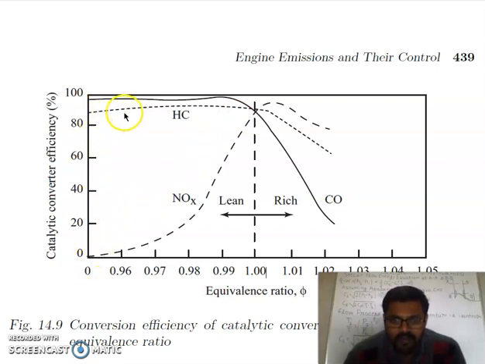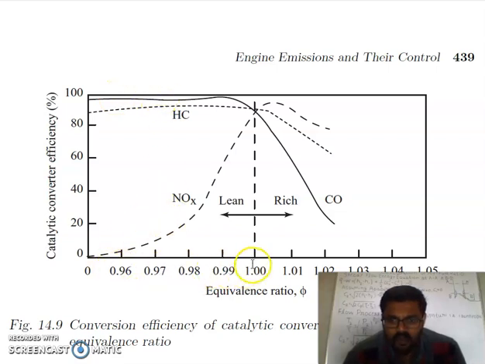While for hydrocarbon and carbon monoxide, at 0.96 you can say 80 to 85% of hydrocarbon is converted fully into carbon dioxide and water, while for carbon monoxide almost 95% is converted into carbon dioxide.